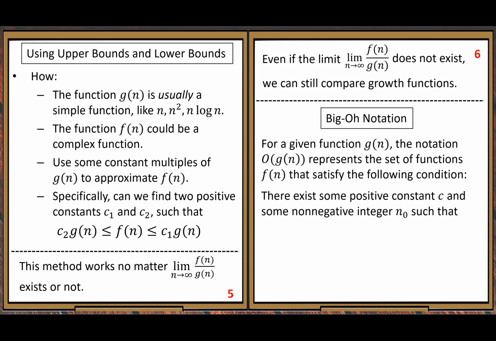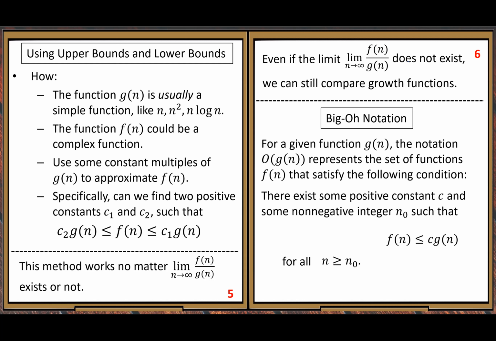There exists some positive constant c, and now I try to address the missing condition there, and some non-negative integer n0 such that f of n is less than or equal to c times g of n. This inequality holds when n is greater than or equal to that n0. That is the missing condition.